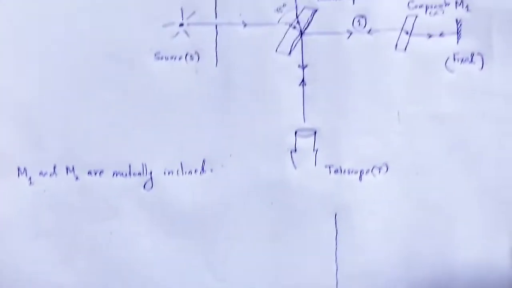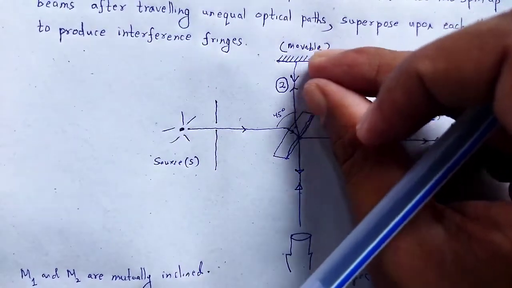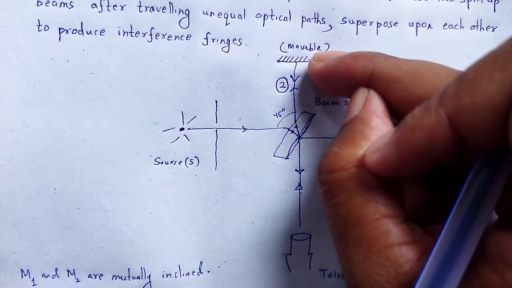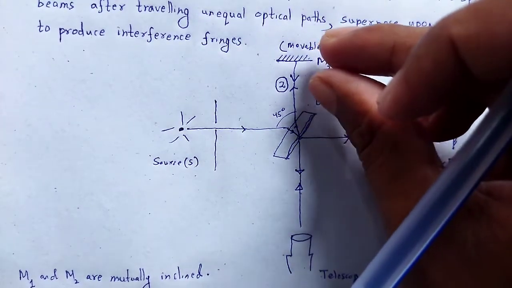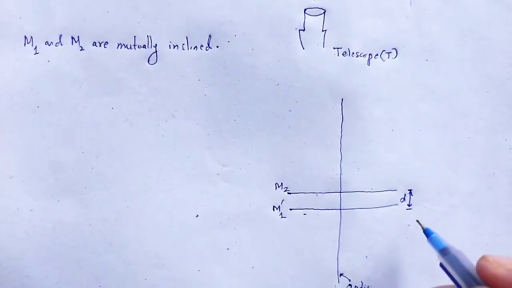As M2 moves up and down, that distance here is D.